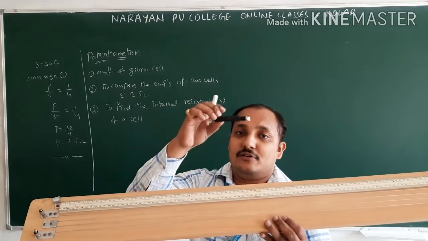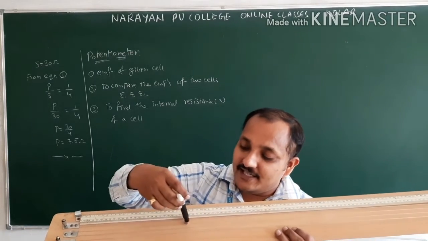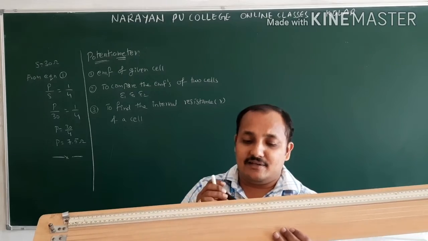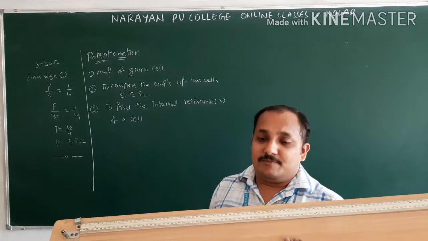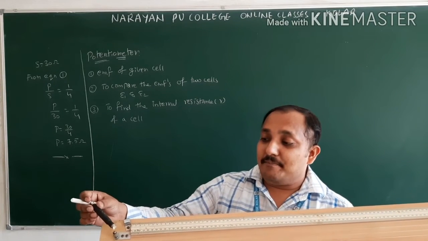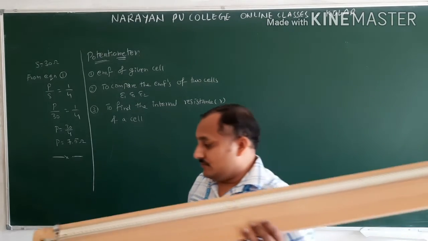Same like that, in this also you have to move this jockey on this wire till you get the null deflection in the galvanometer. Where will we connect the galvanometer, and for what? We will explain now. Now I am going to draw this on the board, with the battery connected between A and B or P and Q.